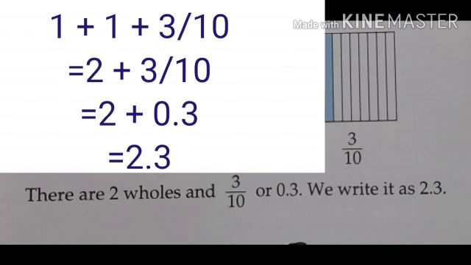So, 1 plus 1 is equal to 2 plus 3 by 10. 3 by 10 can be written as 0.3. So, it is equal to 2.3, and 2.3 is a decimal number.